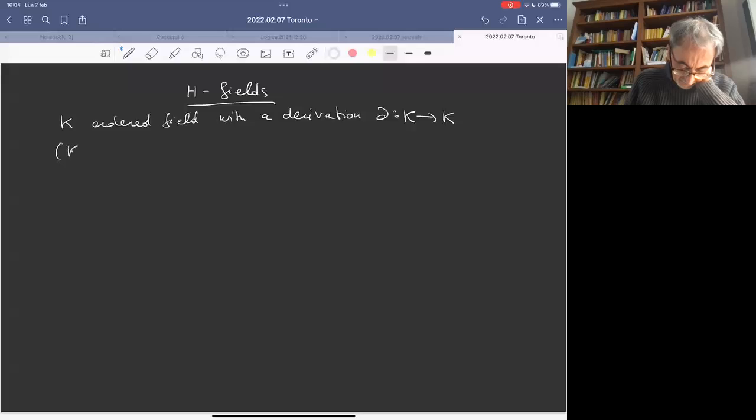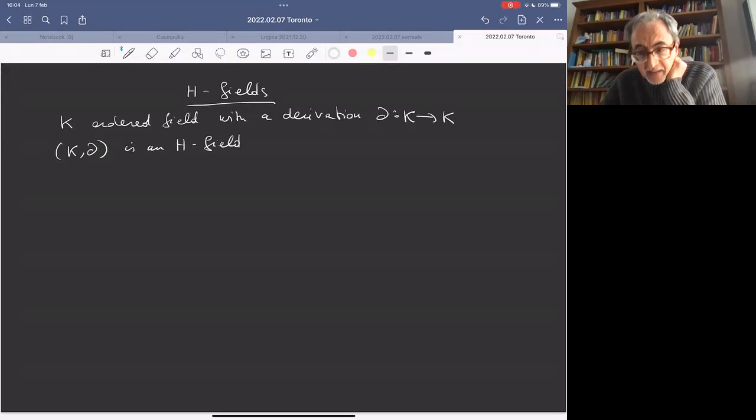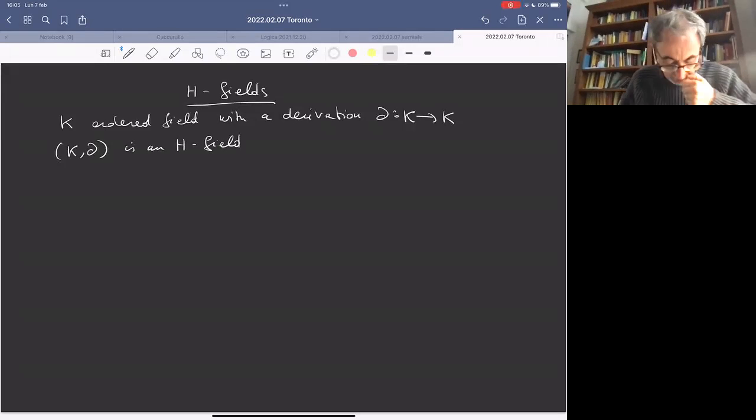K, I think I already gave this definition, is an H field. Do you say an H field or a H field, with N or without? Some English speaker? I'm not sure.